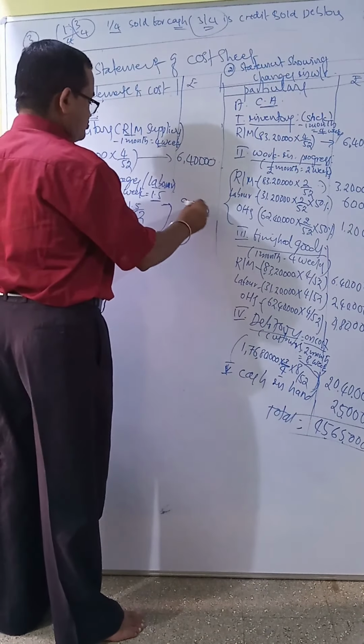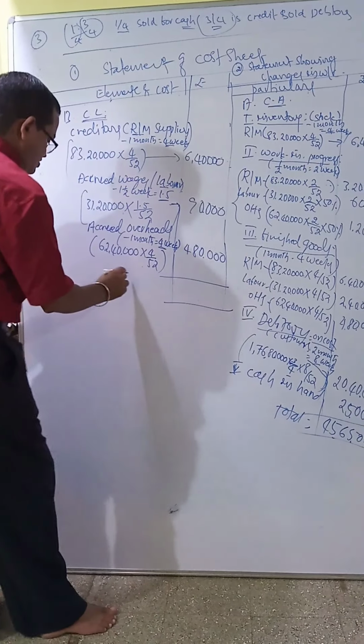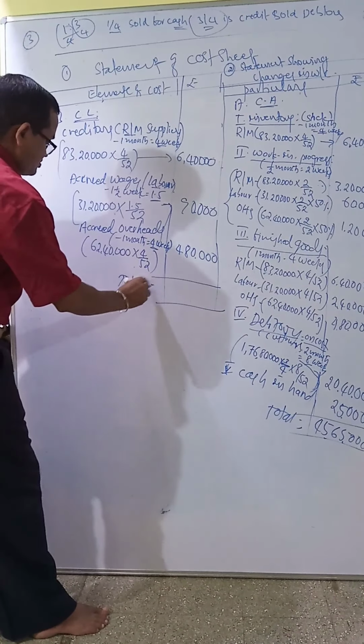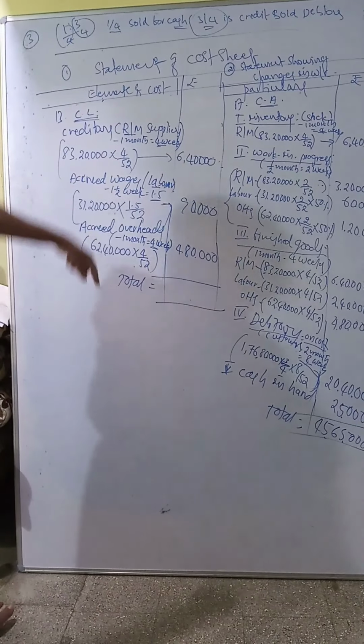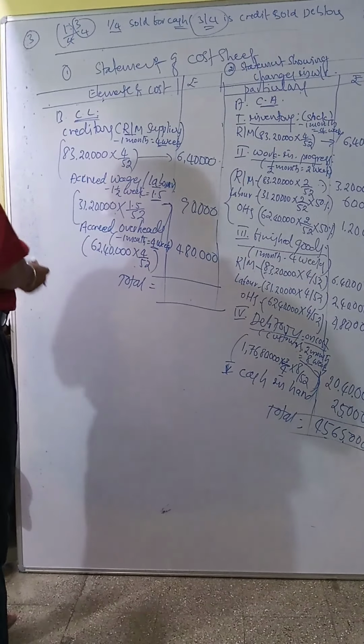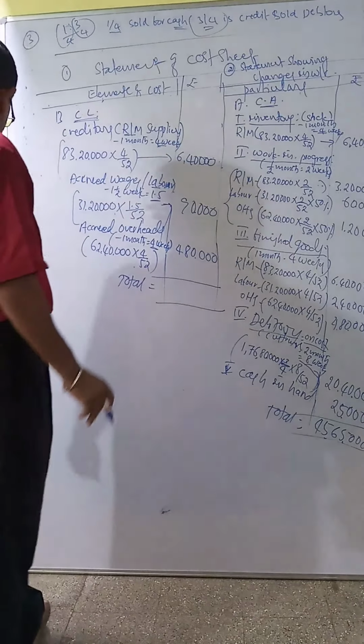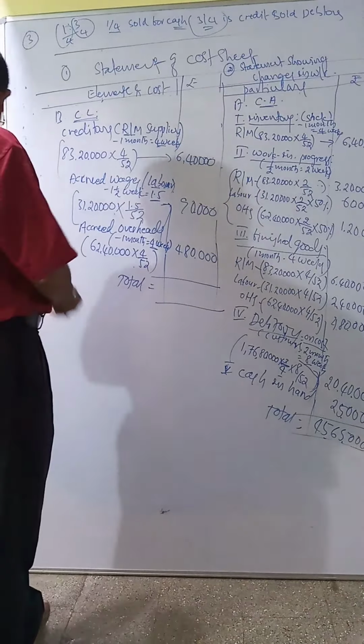That's all, no more adjustments. You will get total current liabilities. Add all of these, this plus this plus this, and you will get 12 lakh 10,000.